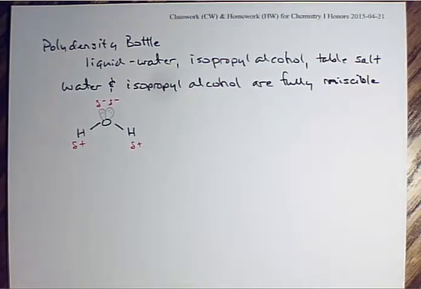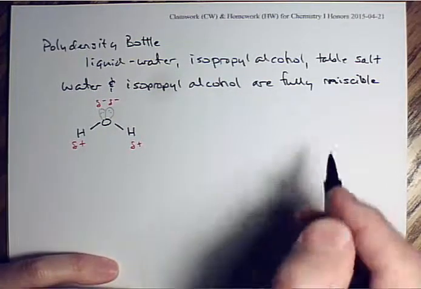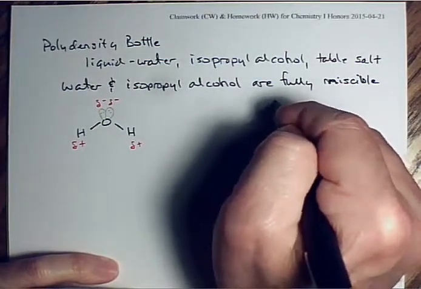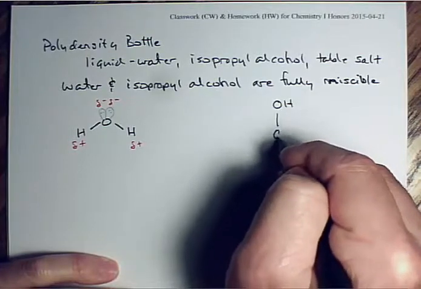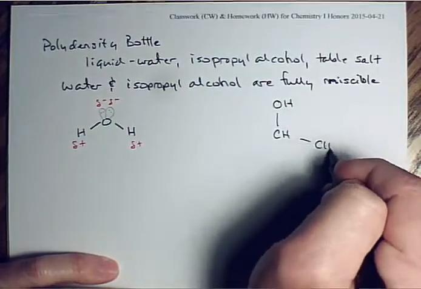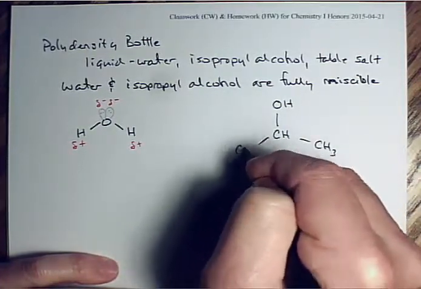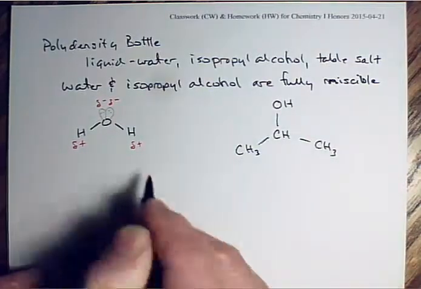Or that end of the water molecule is, and the hydrogens down here are partially positive. Isopropyl alcohol can also be called propane 2-ol, is the way we would name it in this class. So there's an alcohol group up here, all right, and then there's a CH group, and there's a CH3 and a CH3. So this is isopropyl alcohol.